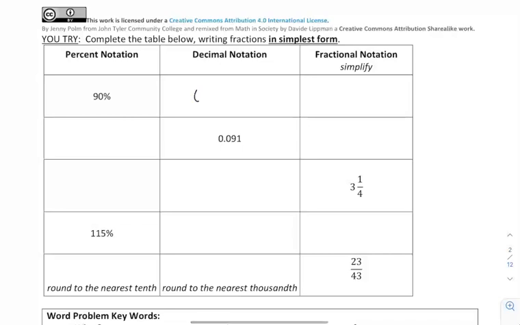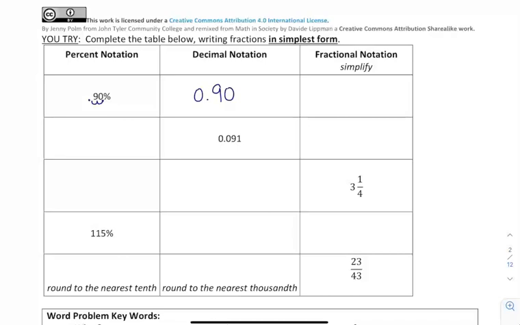So 90% would be 0.90 to represent that you had 90 hundredths. Really what we're doing is taking the decimal and moving it over twice, which can help you turn that into decimal notation, so moving it to the left twice.